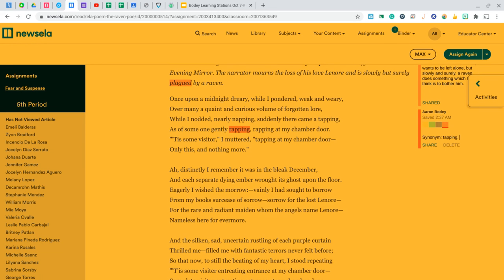And we know tapping means to gently or lightly knock on an object.